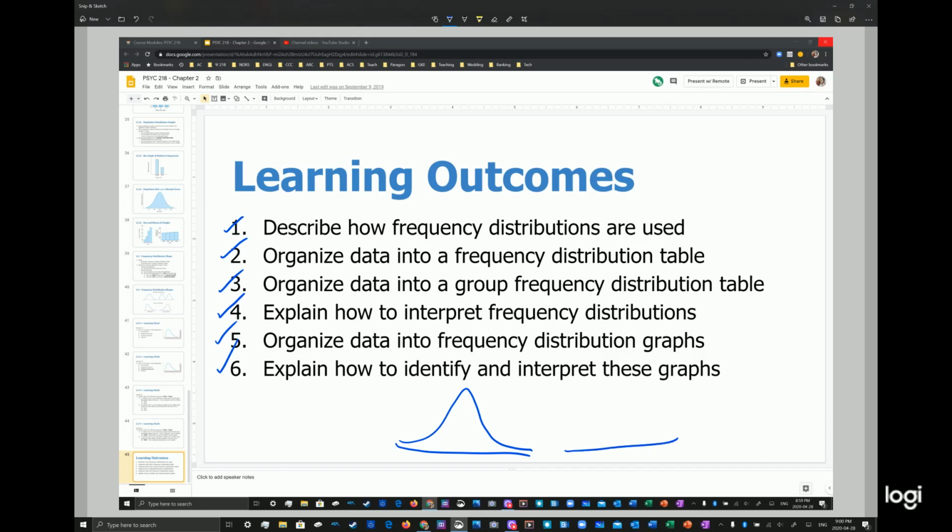We also talked about positive skewed and negative skewed. We also talked briefly about bimodal distributions. If the distribution has 2 peaks, it's 2 modes. We will talk about mean, median, mode in the next chapter, which will help us further interpret and identify frequency distributions, be they graphs or tables.